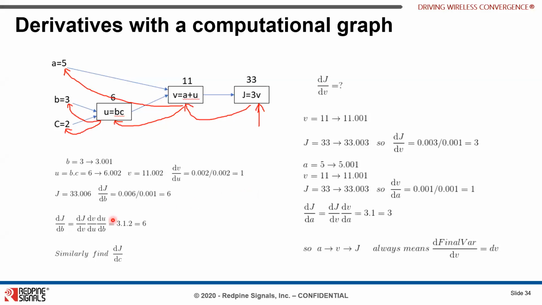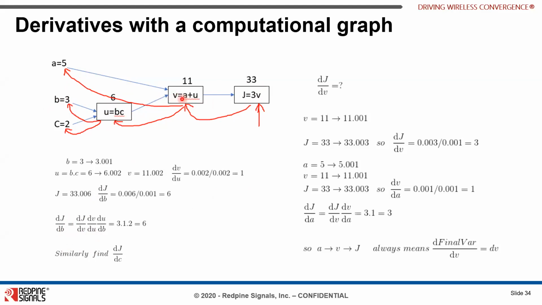Similarly, the second question that you asked is how dj by db becomes what it is. As I told, it is the chain rule. dj by db means with a change in b, how it is reflected in the change in j. Directly there is no link. There is a link through u, v and j. If you change b, it will result in a change in u, because u is equal to b into c. A change in u will be reflected in a change in v, because v is equal to a plus u.